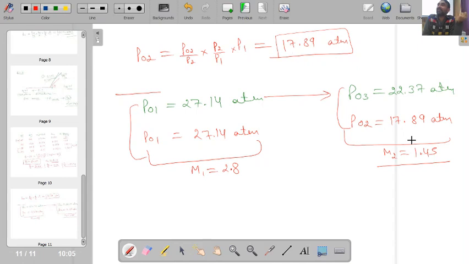Because it will decrease the loss of pressure during the process. Fine. We can clearly see in initial case pressure change is only about 5 atmospheric, whereas in second case it is about 10 atmospheric. So it means when you are using a single shock wave, that results in more loss of pressure for the same changes in the flow Mach number.